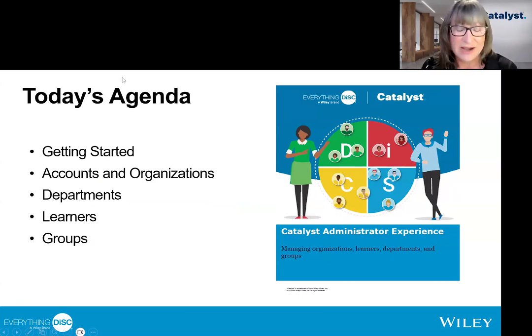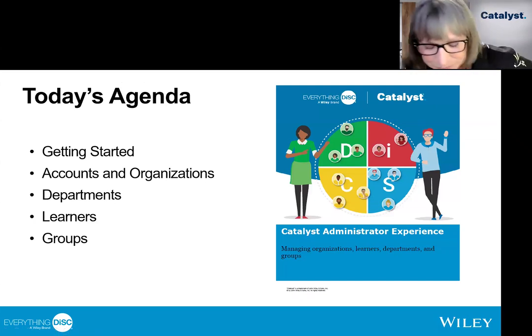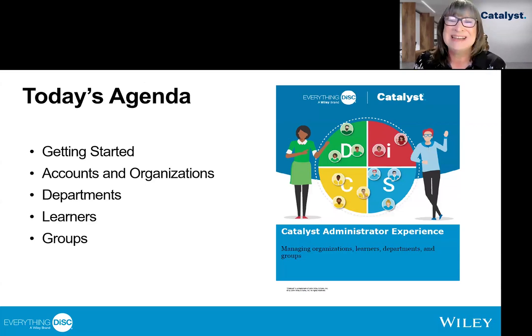Now, on the screen there, I have a photograph of the cover page of the Catalyst Administrator User Guide, and you all should have access to that already. In that user guide, you're going to find everything that I'm going to talk about today. So there's no need to be taking detailed notes, trying to write down everything that I say. Don't worry about trying to follow along on your own computer.